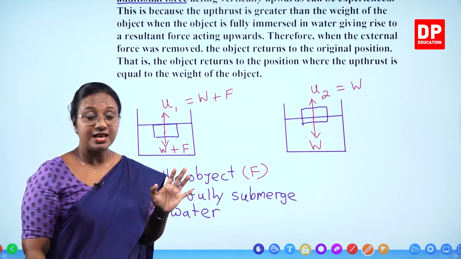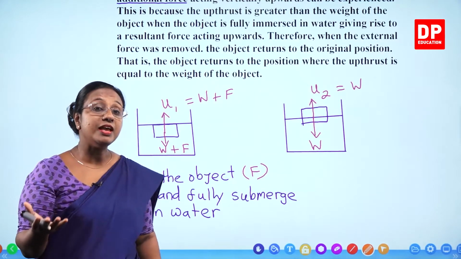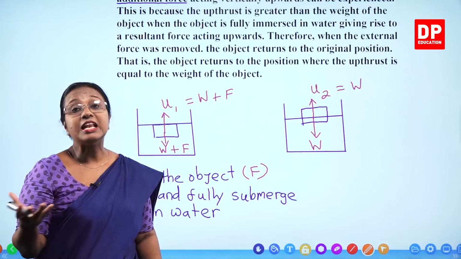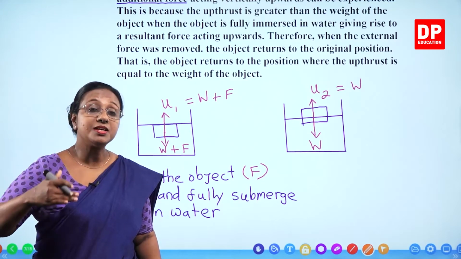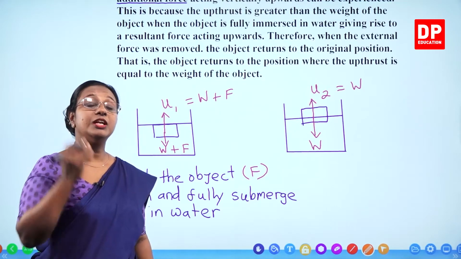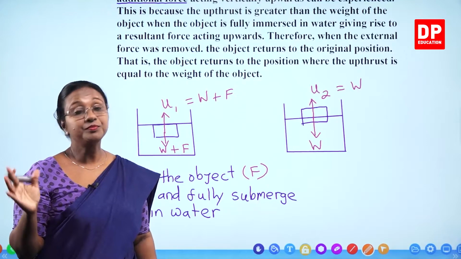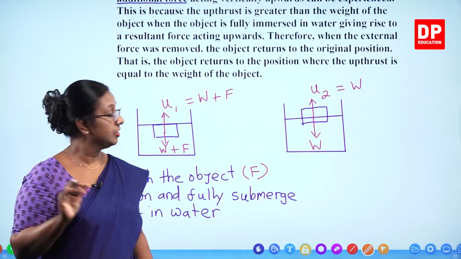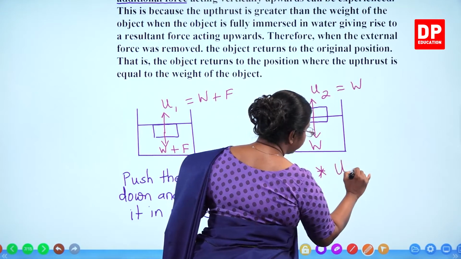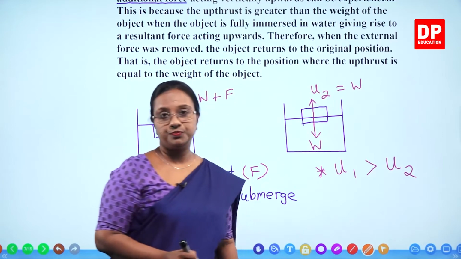Can you all understand now? So it goes up. Now let's say if the weight is even lesser, I told you all, another object, a very light object, then the upthrust is even less. The object will be floating further up, less submerged. Is it clear to you? So when you compare the two instances, upthrust 1 is greater than upthrust 2.